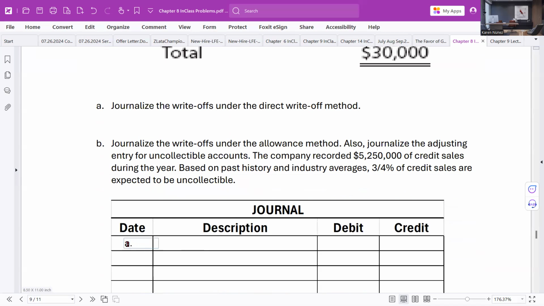That means we go directly to bad debt expense for that $30,000. And of course, we remove the account receivable for the $30,000.